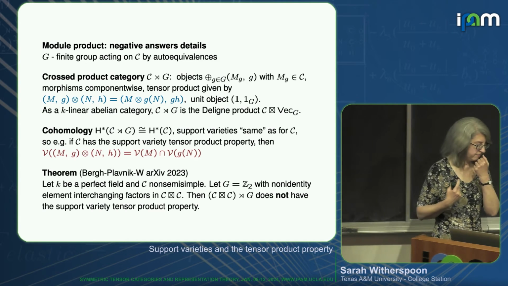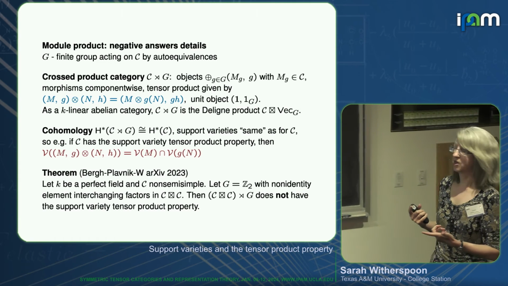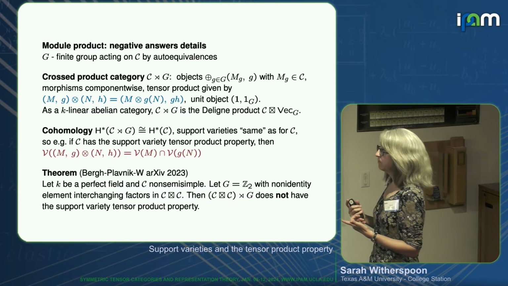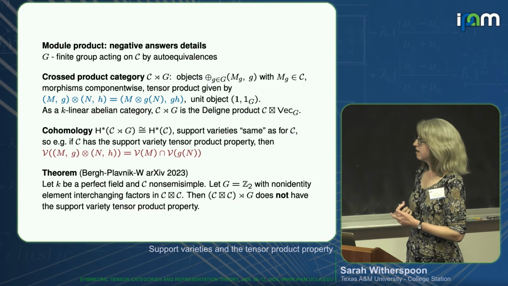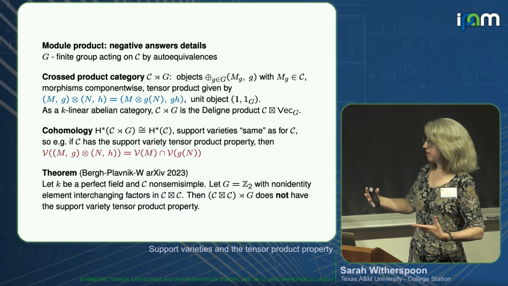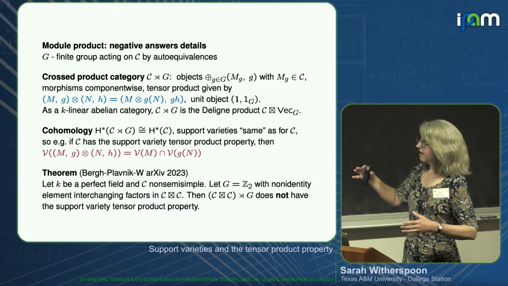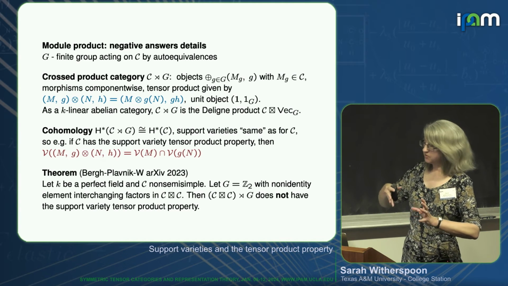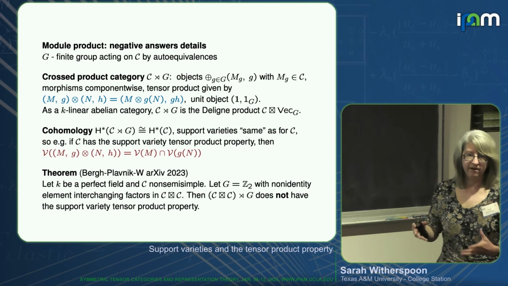I know this came up in Kent Vashaw's talk earlier. In his work with Nakano and Yakimov, they were looking at a tensor product property, but a little bit different statement of the tensor product property than the one that I'm looking at. They were looking in the non-commutative tensor product setting, but they weren't looking at individual objects. They were looking at a whole set of objects.